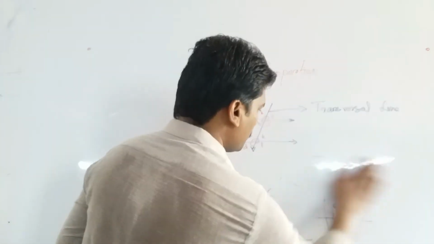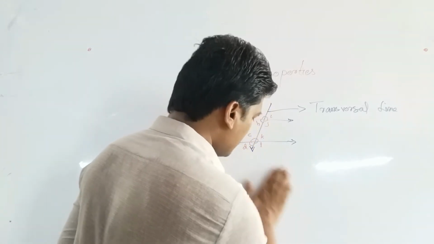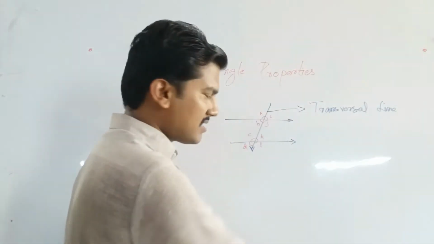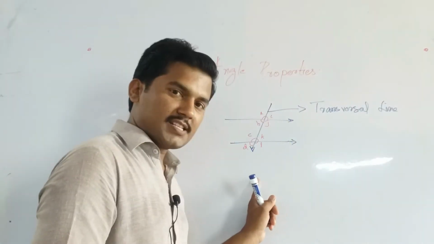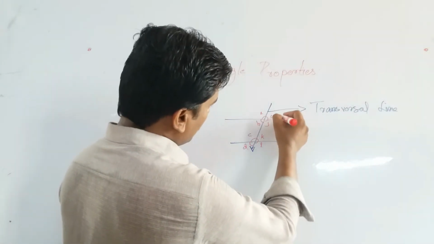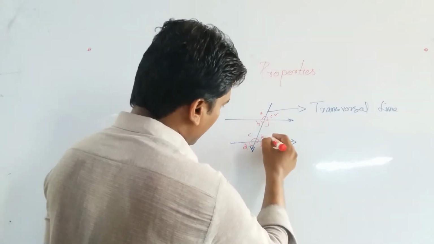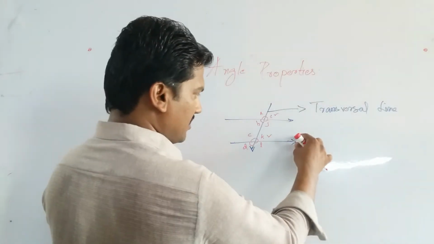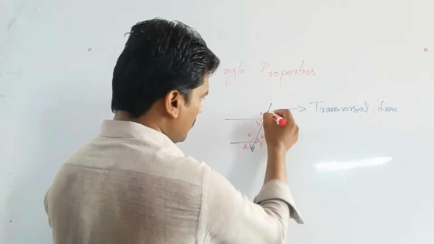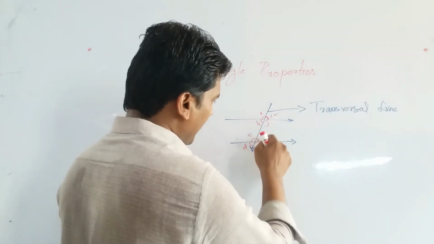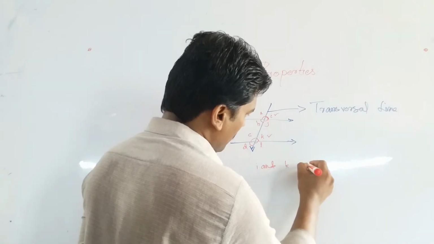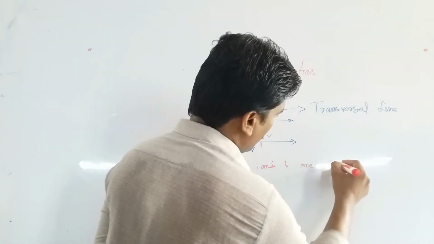Very good. So now we are going to discuss the corresponding angles, the angles which are on one side of this transversal line and at the same position, like I and this K are in the same position. I and K are corresponding angles.